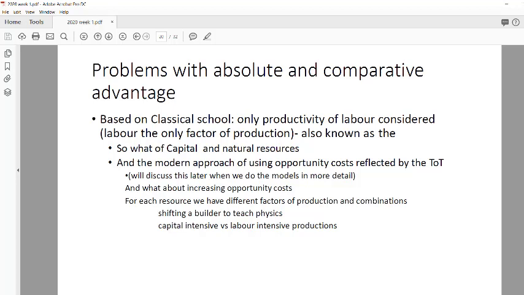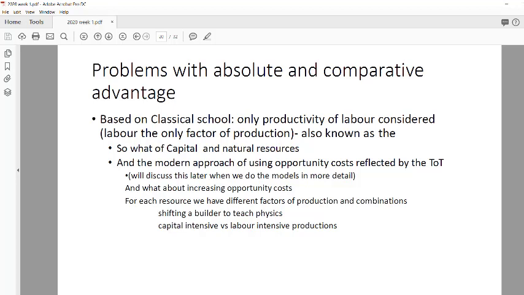So when you get to this construction industry, what are you finding? It's a labor intensive industry. So to get the same capital out of this industry, you're going to have to sacrifice a lot of labor intensive goods. This is a lot of labor you're sacrificing just to get the same needed capital that you might need in terms of the hospital. So that's the problem that exists. It's not like for like in terms of all resources.